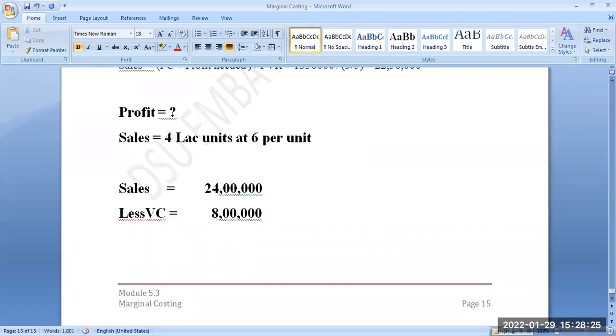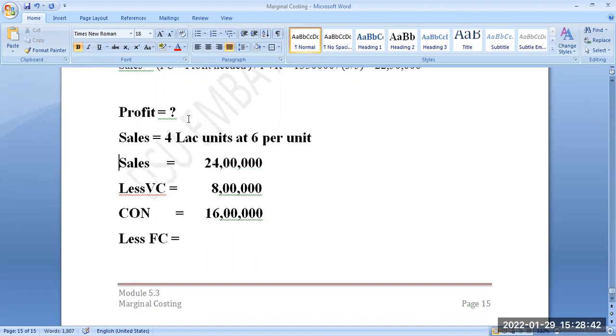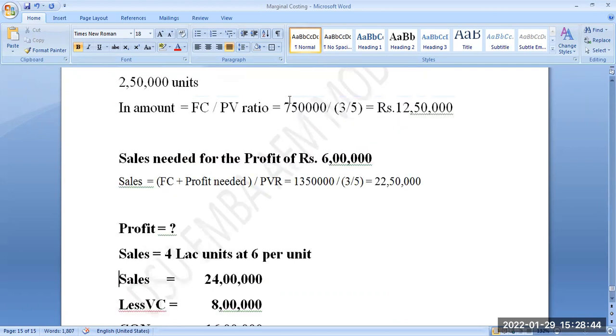If I subtract variable cost from sales, what do I get? Contribution. The contribution is equal to 16 lakhs. What is the fixed cost now? 7.5 lakhs. That remains constant.